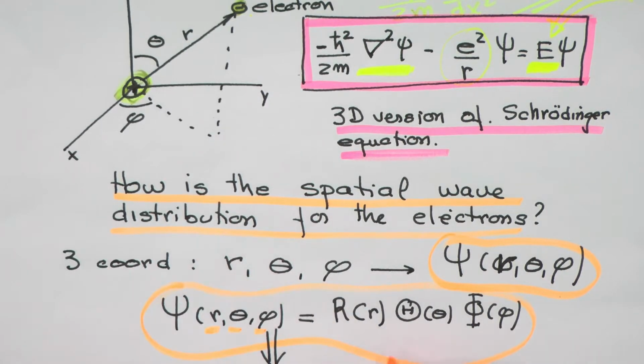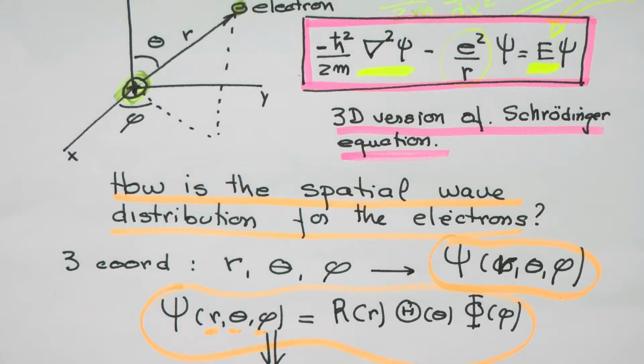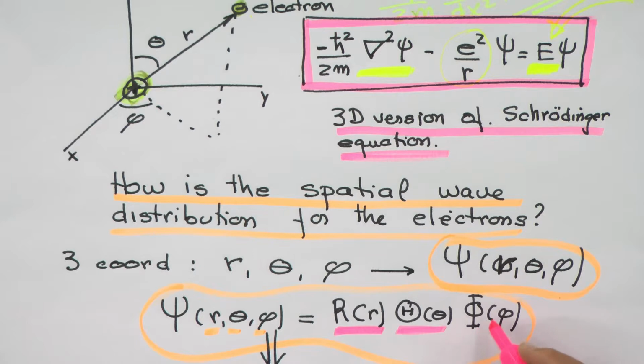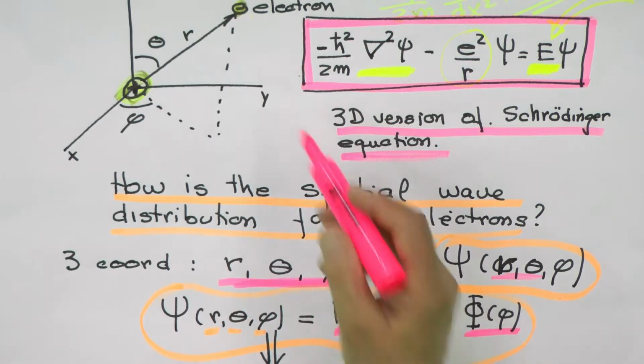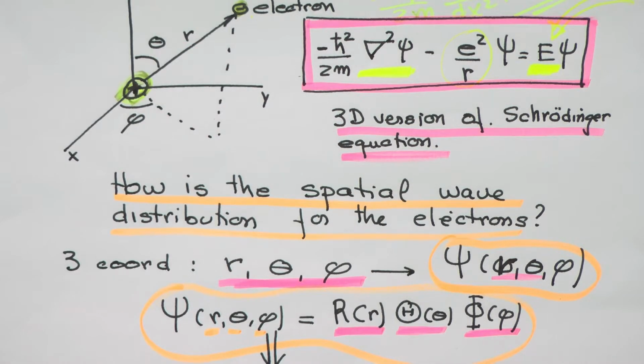So we can start by saying that the solution is a product of three functions with three different dependencies. The first one depends on the radius. The second one depends on theta. And the third one depends on phi, which are the three spherical coordinates that, as I explained, represent the position of the electron.